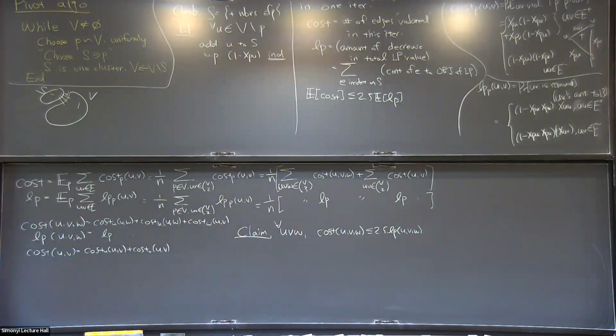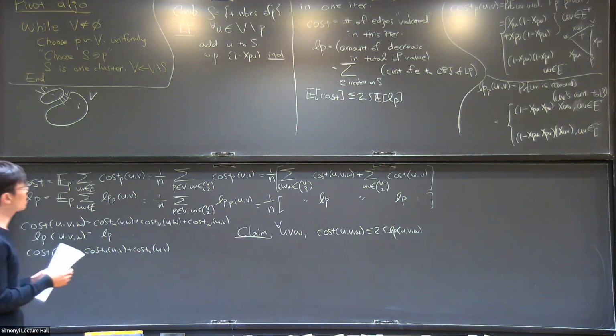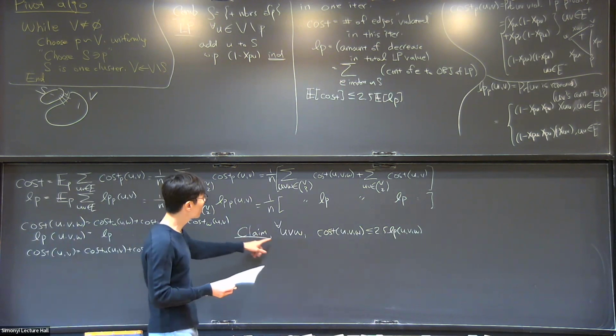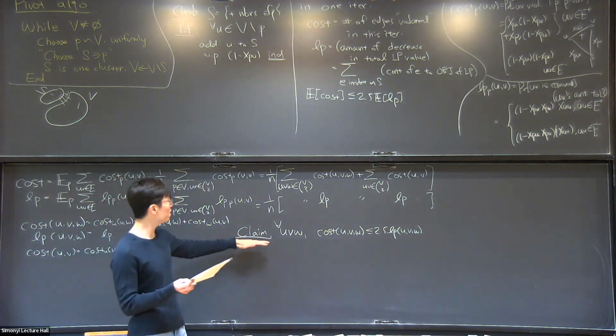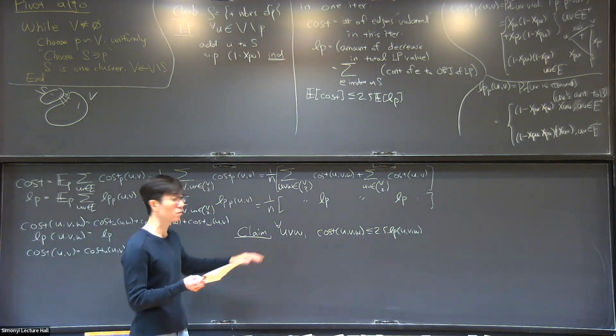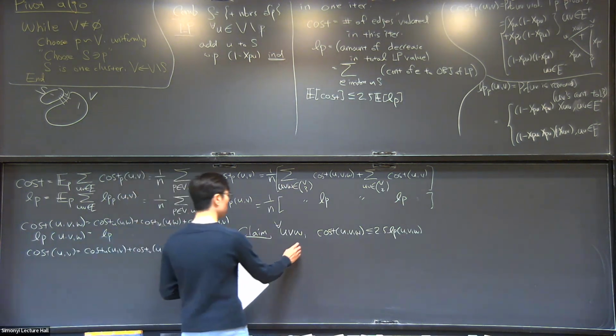That's a claim they proved. Then how do we prove this claim? I don't have a very good intuition about it, but one thing I can say is that now we do this term by term analysis, so the only thing we need to worry about in order to prove this claim is one triangle UVW.